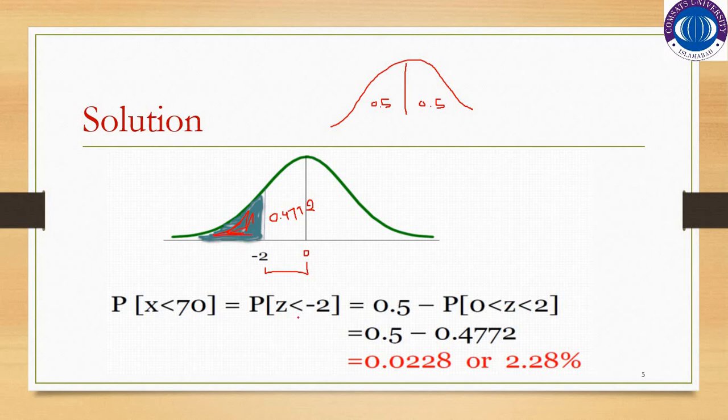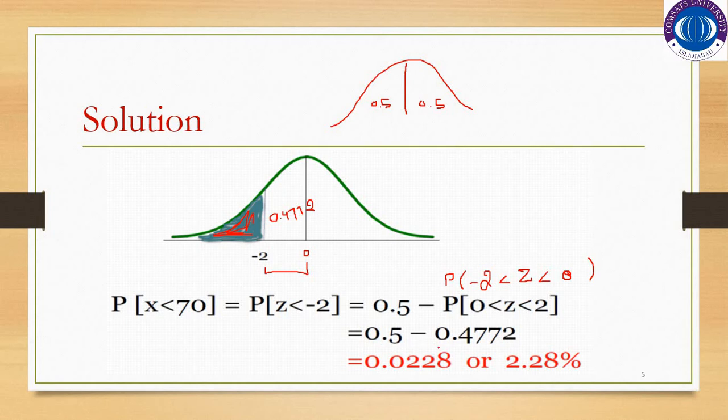What we have done: probability z less than minus 2 will be equal to 0.5 minus probability 0 less than z less than 2, or you can write it in this way too: probability minus 2 less than z less than 0, which is 0.4772.